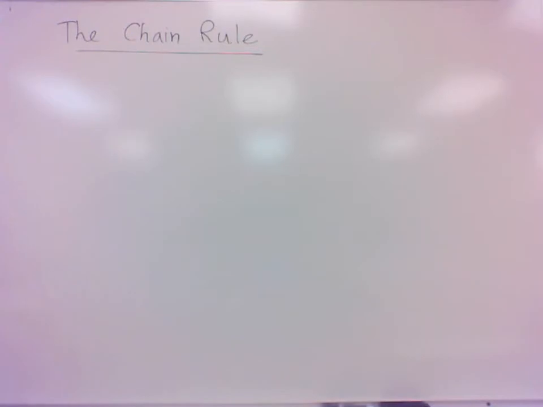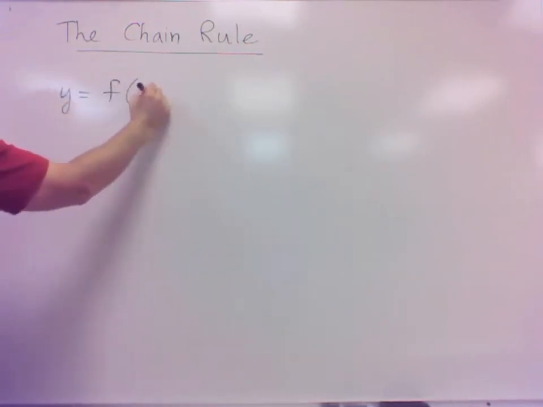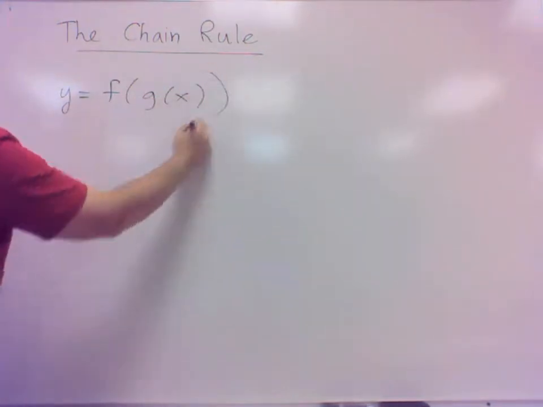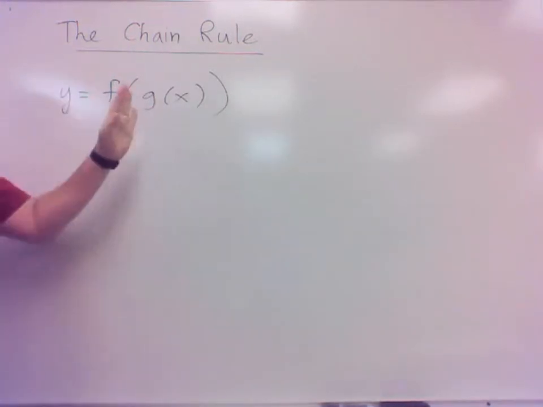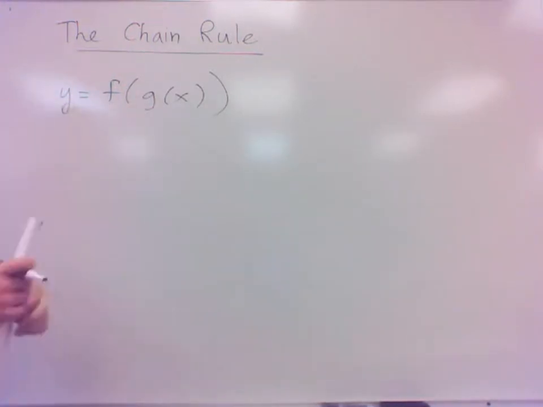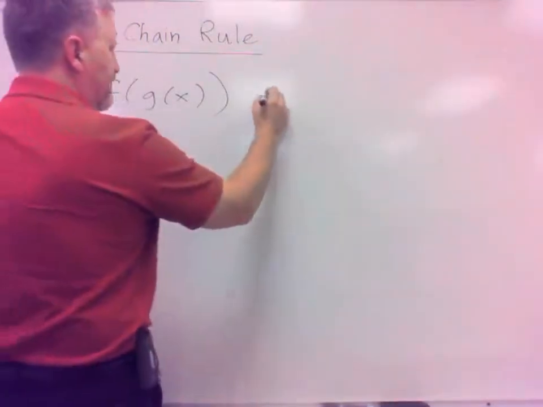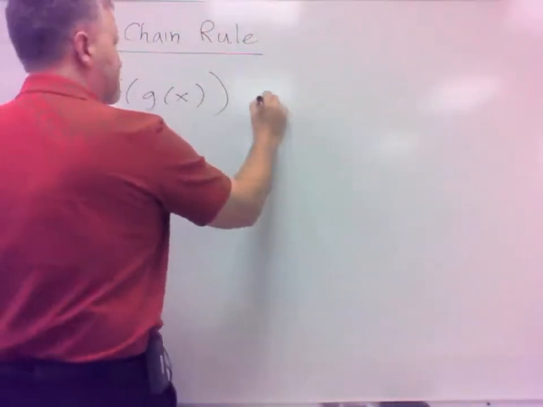All right, so from previous work we know a little bit about the chain rule, right? The way I kind of wrote it out last time we visited the chain rule was, say we've got y with an inside and outside function, and that's going to be a little different here, but let's kind of make the analogy here.